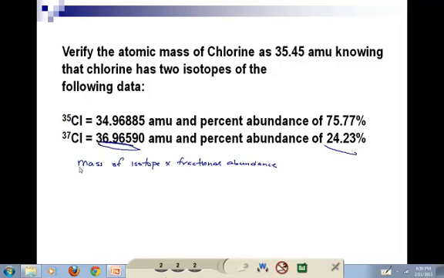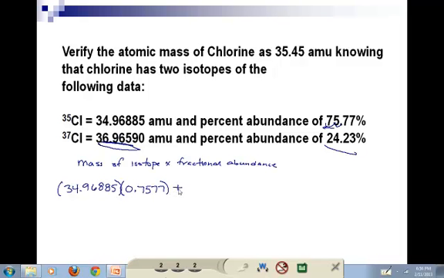So now what you want to do, we're going to take our 34.96885, lots of sig figs there, and we're going to multiply it by a fractional abundance, not percent. Let's move the decimal point 2 times this direction. So 0.7577.